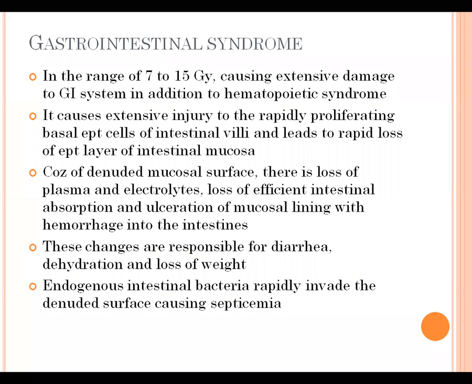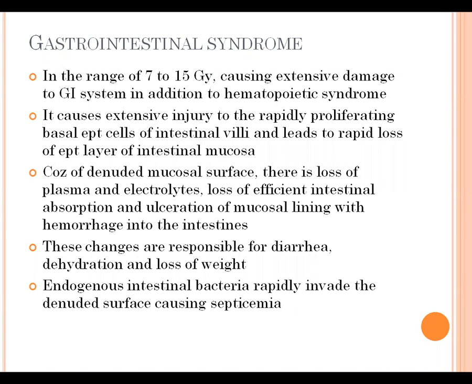Next, we will see the GIT syndrome, gastrointestinal syndrome. In the range of 7 to 15 grays, there is extensive damage to the gastrointestinal tract, in addition to the hematopoietic syndrome. It causes extensive injury to the rapidly proliferating epithelial cells, leading to rapid loss of the epithelial layer of the GIT mucosa, and causes denudation of the mucous surface.